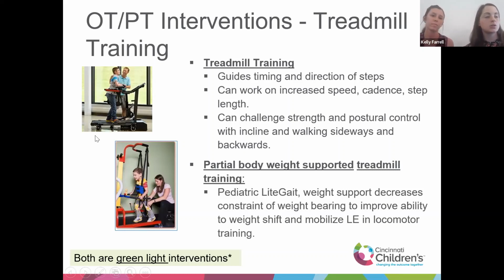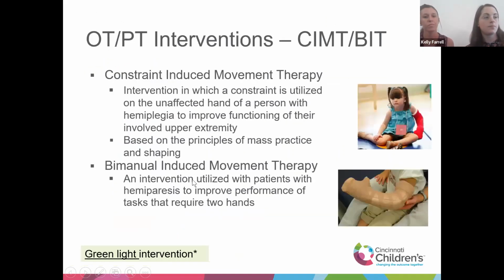We use the partial body weight support system when a child has some decreased trunk control or may need some additional help with walking. It's really nice because we put them in this harness-like system, and that provides enough support at the core, and as physical therapists, we're actually able to move their feet in a more typical walking pattern.